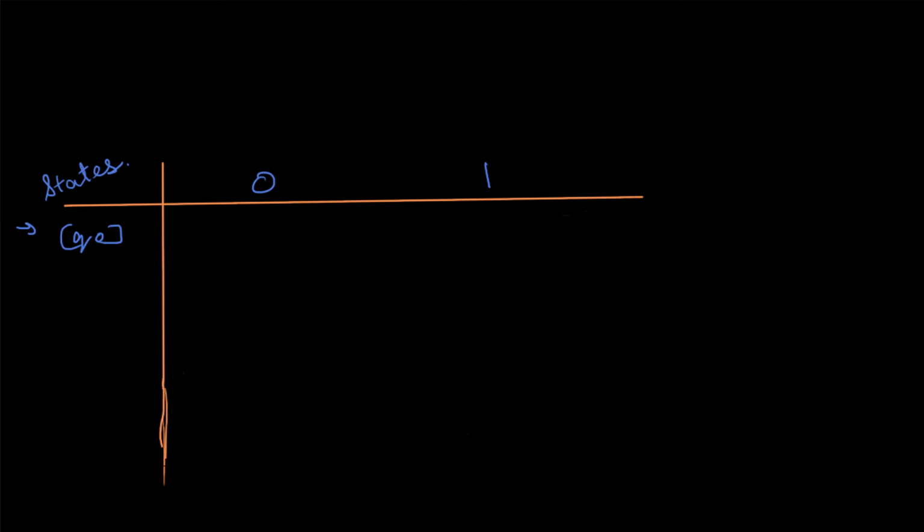Okay, that's fine. And what have we got here for 0? It's Q naught and Q3, also Q naught and Q4. And you see here that Q3 is holding a smaller subscript, so we'll give this precedence over Q naught Q4, Q naught Q3.